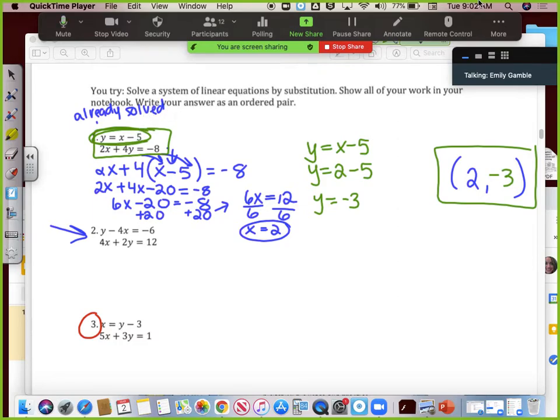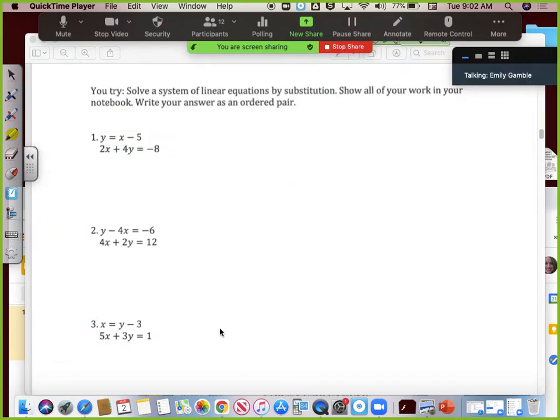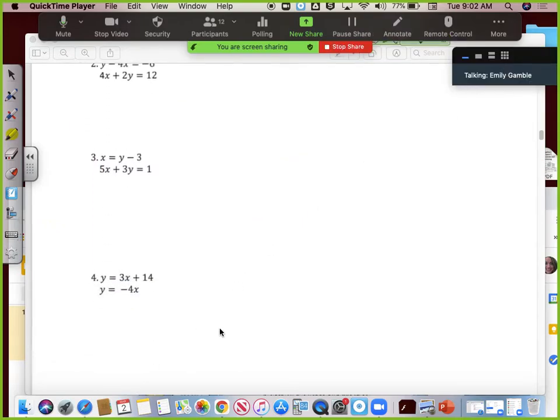We're now going to skip to number 3 so that we can go over this same type of process again. We'll come back to number 2 when we have more time tomorrow. For number 3, your first step in solving systems of equations by substitution is making sure that one of the equations is already solved for x or y. The first equation is solved for x here, so I can begin substitution.